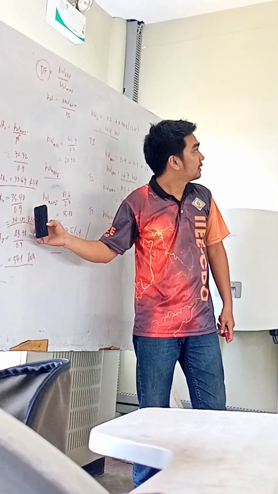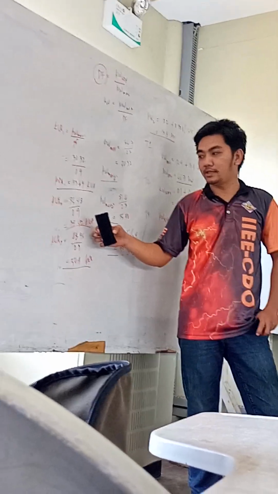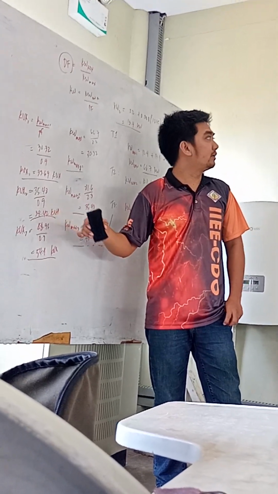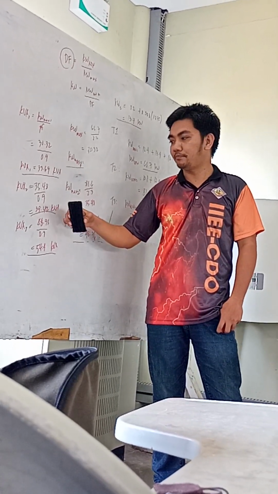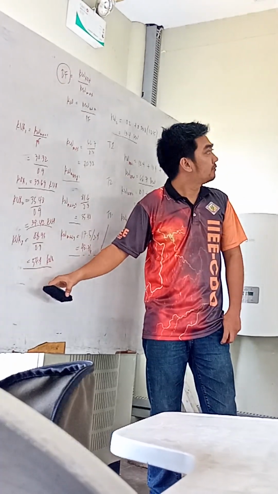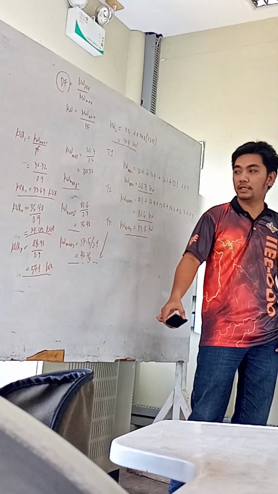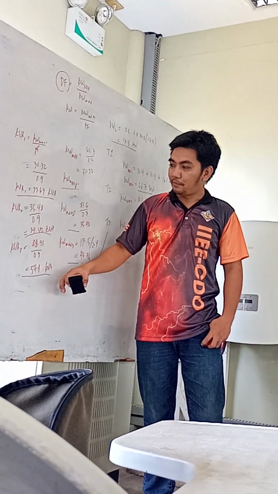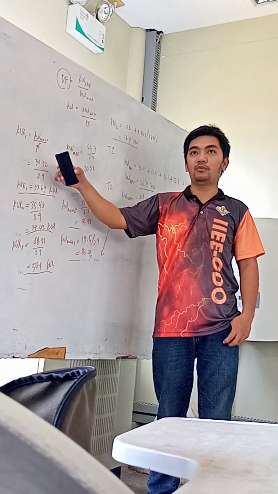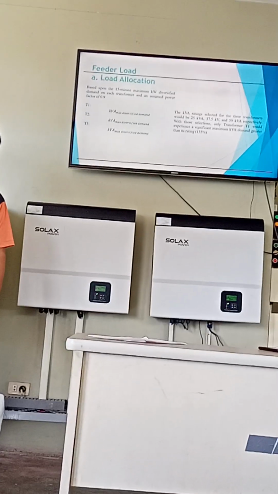Transformer 2 is rated 37.5 kVA with 39.42 kVA loading, so around 105%. And Transformer 3, from 50 kVA, is at 54, so about 108%. The most critical is Transformer 1 because it's around 135% of its rating.